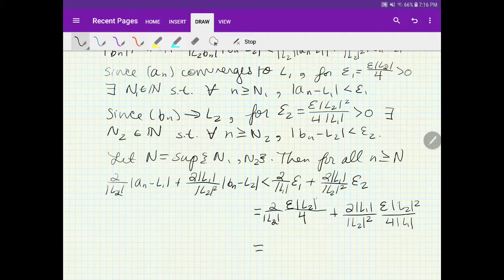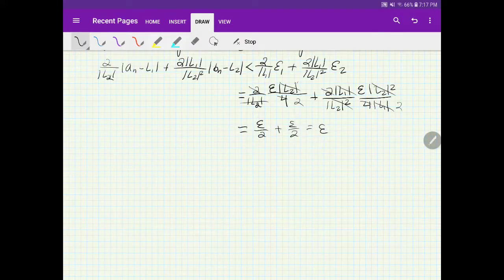So you can see the stuff cancel, right? L2's gone. L2's gone. And then you have a 2 over 4, so 1 over 2. And you get epsilon over 2 plus epsilon over 2, which is equal to epsilon.